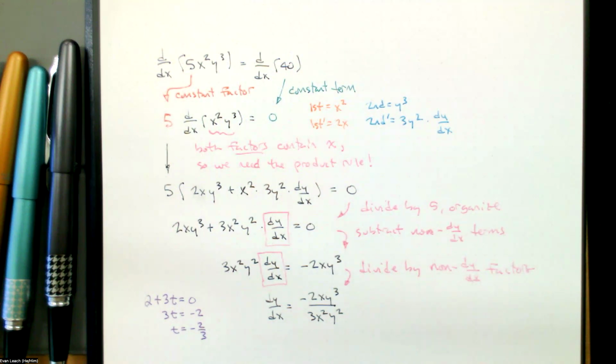That's all we were doing over in that implicit differentiation. Subtract the non-t terms, divide by the non-t factors. It's just that our terms and factors had a lot more going on. Metaphor for modern life. Our terms and factors have a lot more going on.